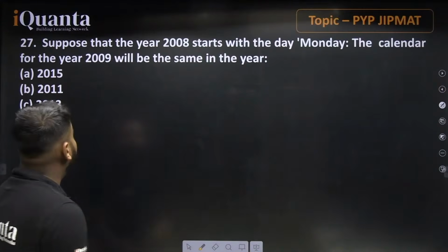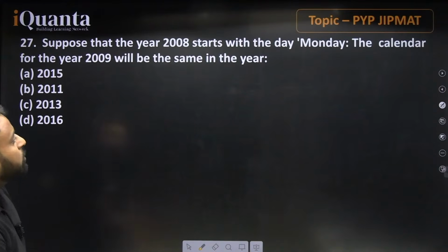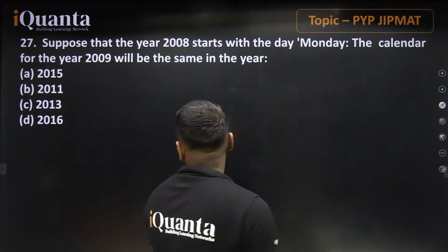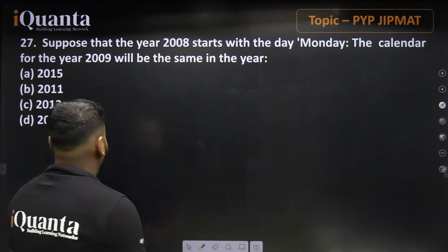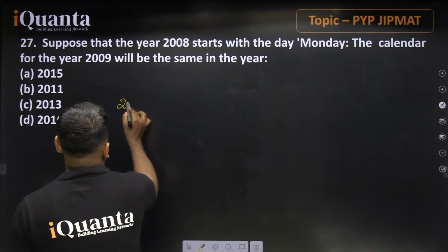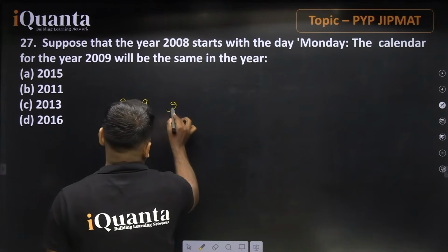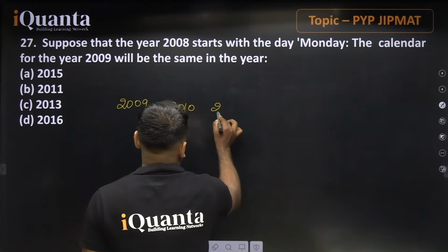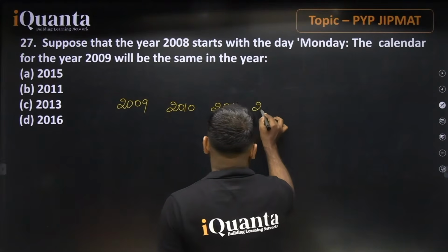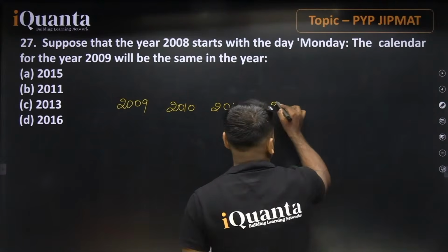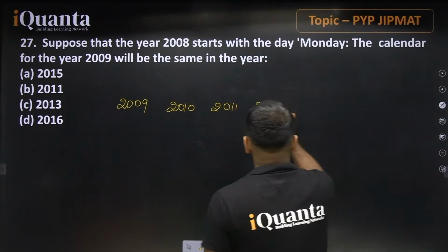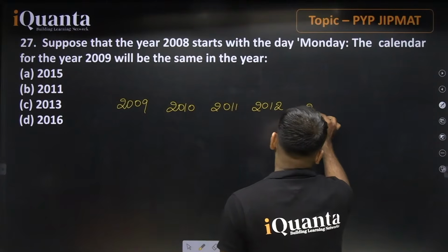Suppose that the year 2008 starts with the day Monday. The calendar for the year 2009 will be the same in the year... Remember one important part. If you go from 2009 to 2010, 2010 to 2011, 2011 to 2012, and then 2013.